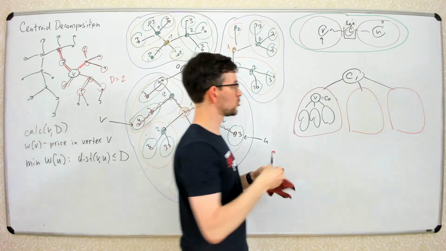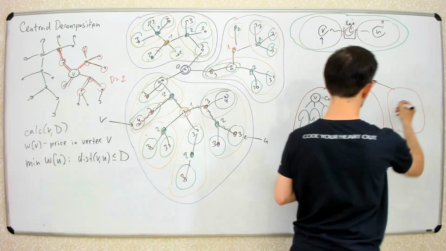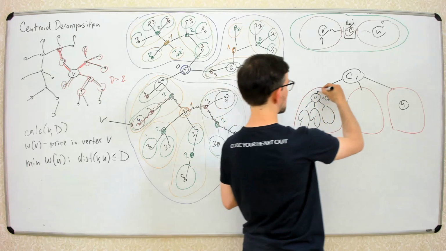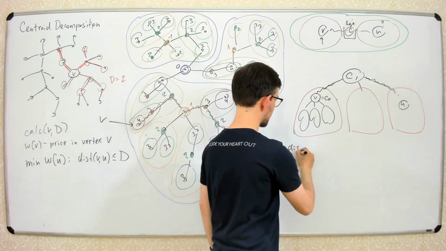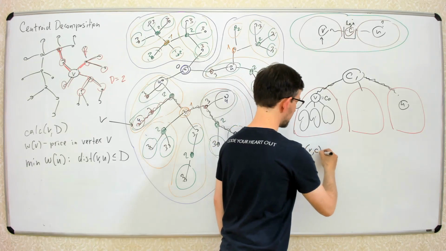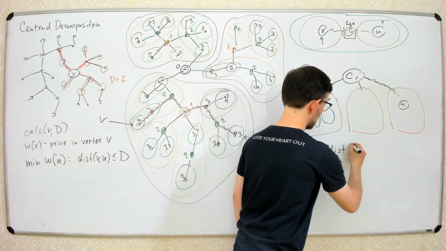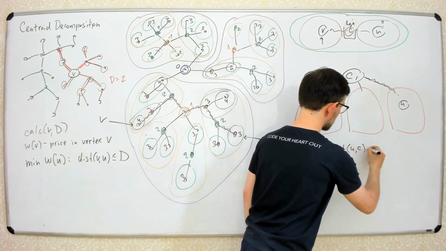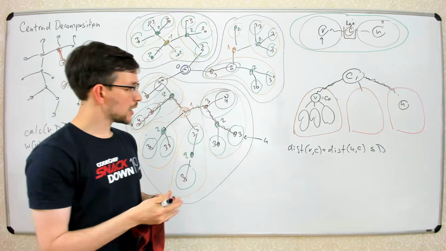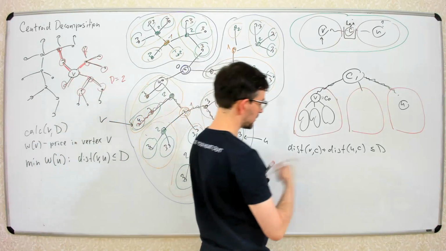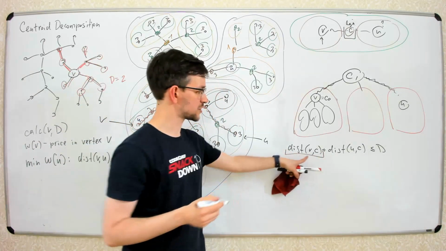Now, if node U is here, then this sum of distances should be no more than this. So distance from V to C plus distance from U to C should be no more than D. Again, we know this distance. This is just distance from V to the centroid.